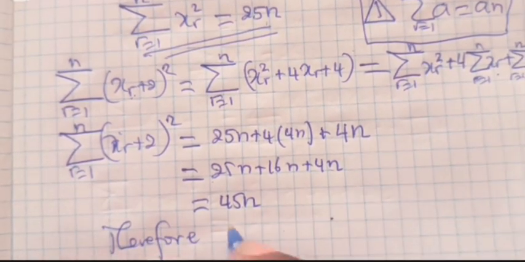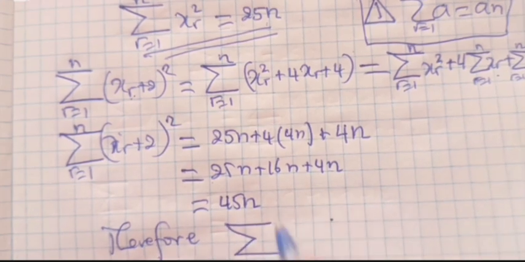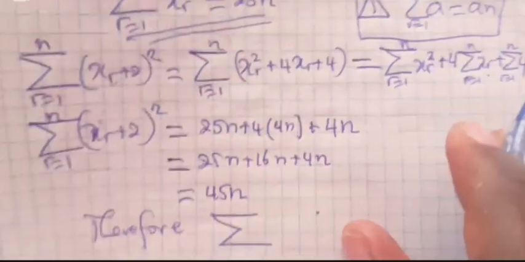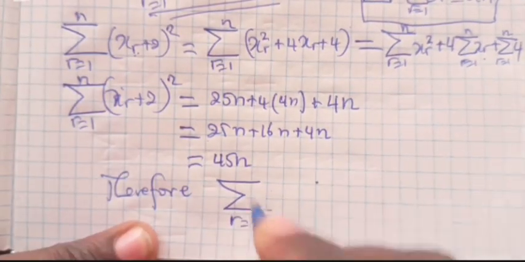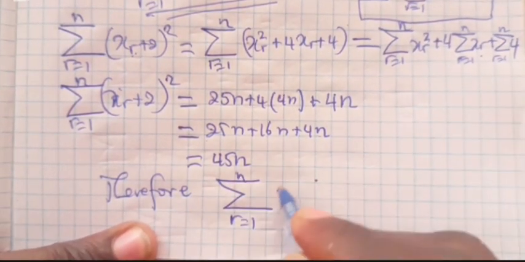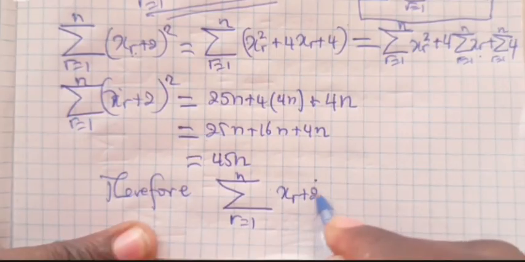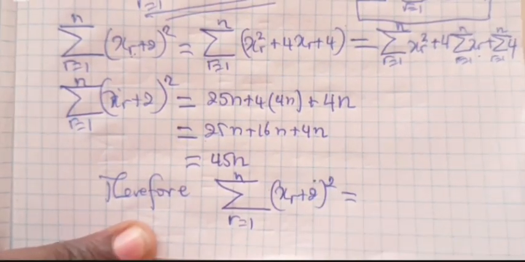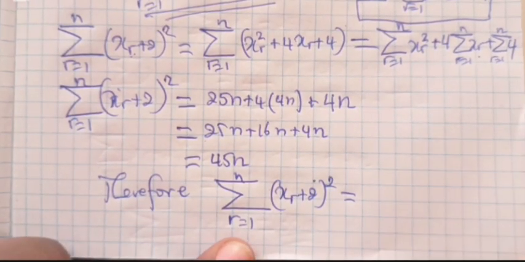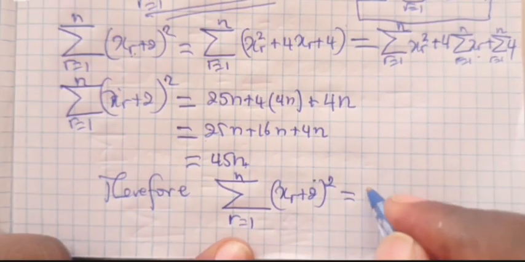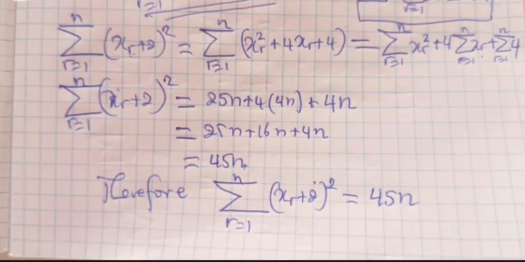Therefore, the sum as r comes from 1 to n of xr plus 2 raised to 2 is equal to 45n. Here is what we have been asked to determine.